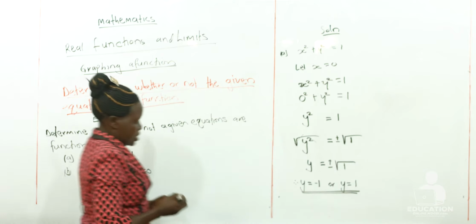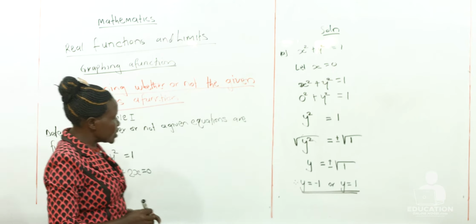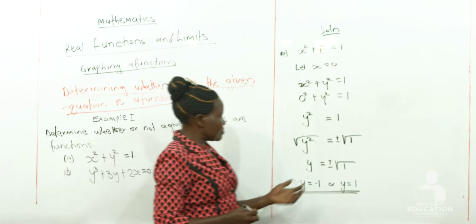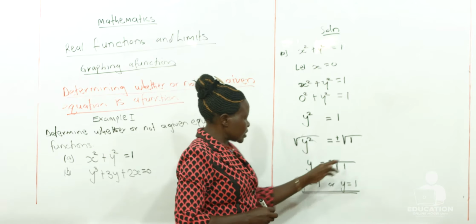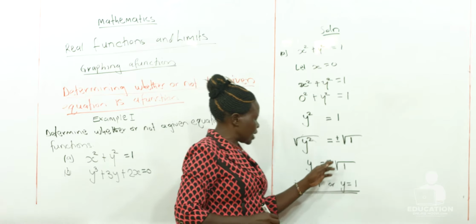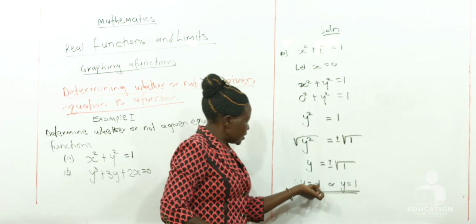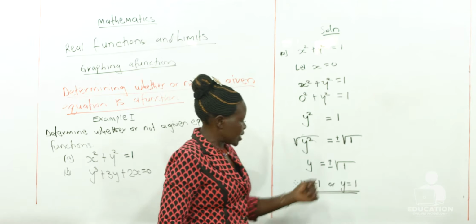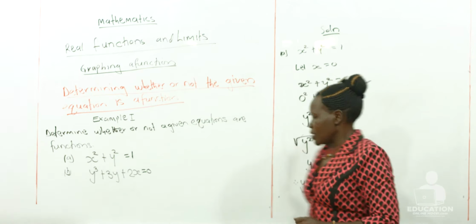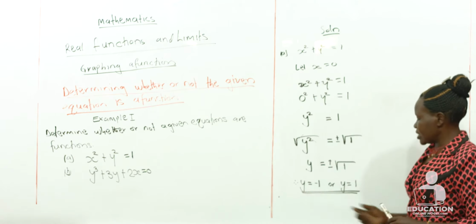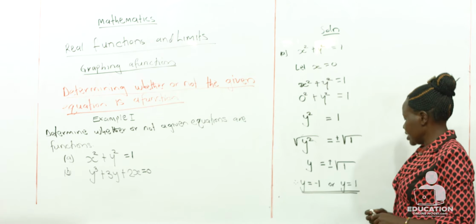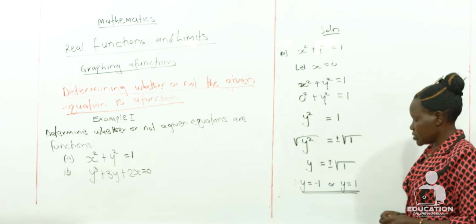When we split this, we ignore the root symbol, because the roots are already telling us that y can be positive or y can be negative. So we simply look at y alone as being negative 1 or y alone equals positive 1.